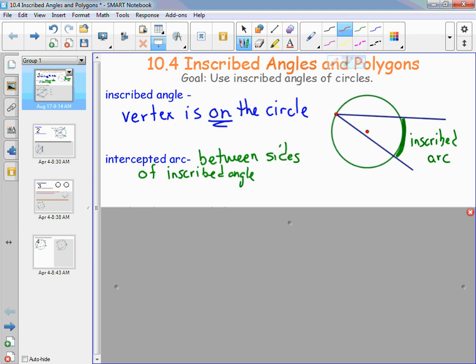One thing to note about the inscribed angle and the intercepted arc is that the measure of the angle equals 1/2 the measure of the arc. So for example, if this arc were, say, 40 degrees, the angle here would be half of that, would be 20 degrees.